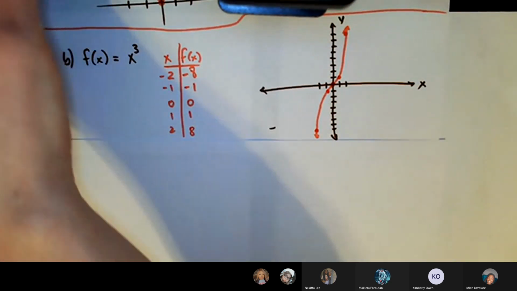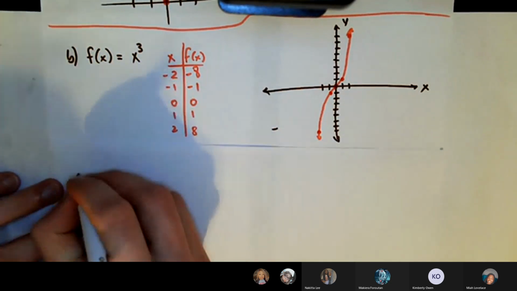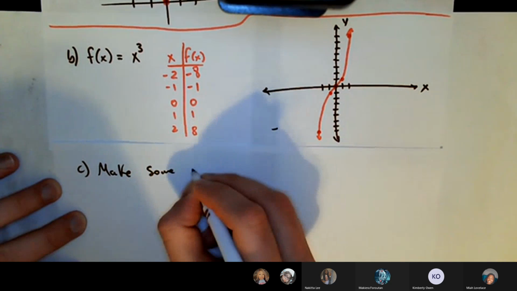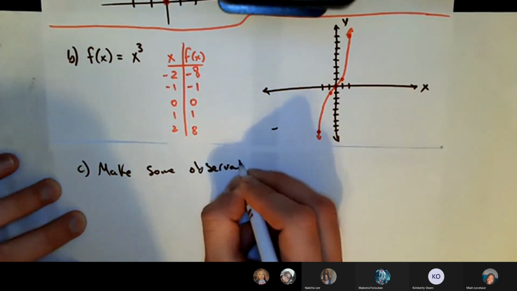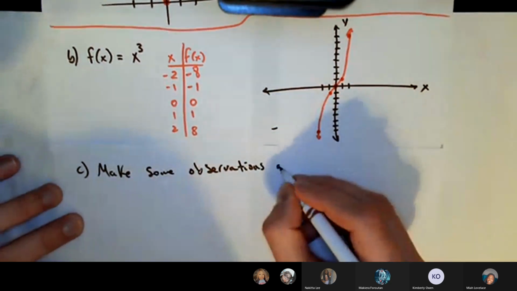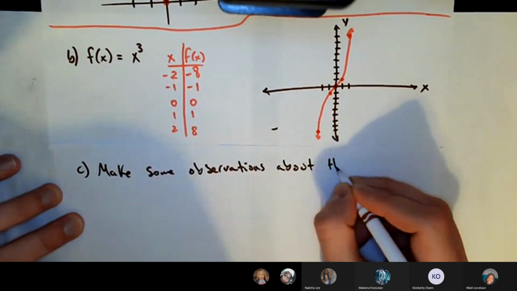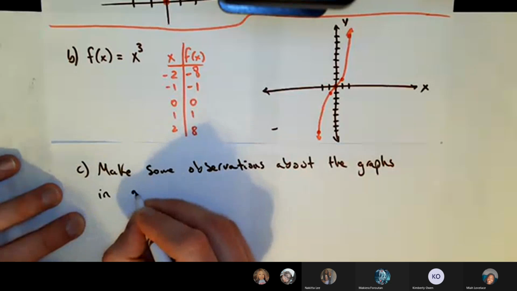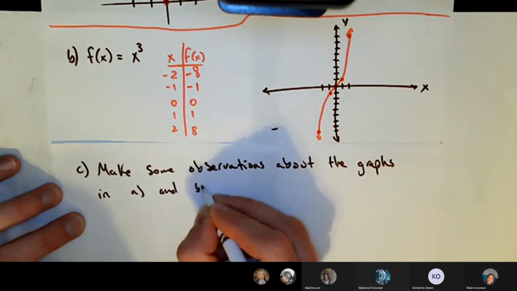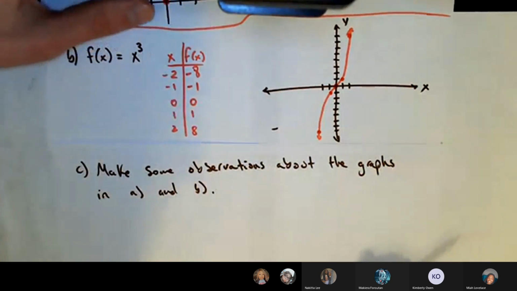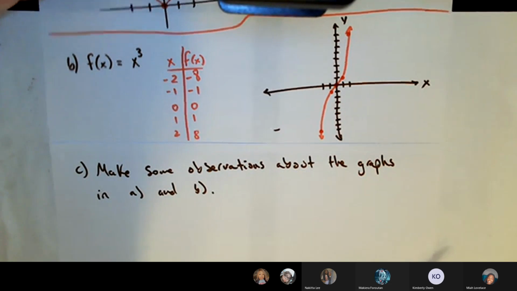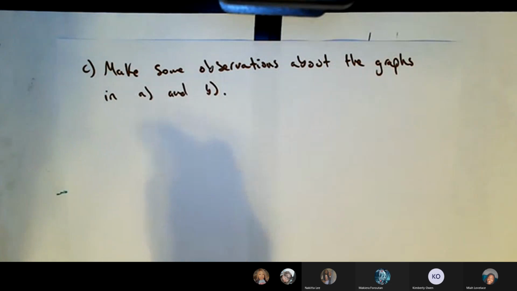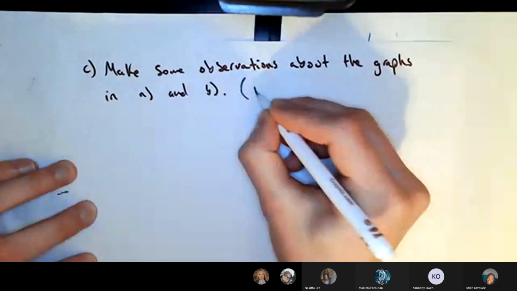All right, part C, let's make some observations about the graphs in A and B. In fact, I'm going to say this.